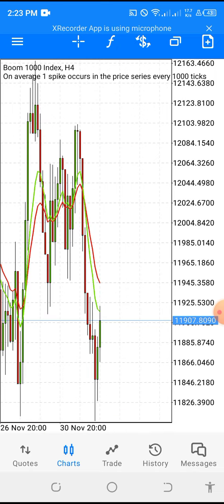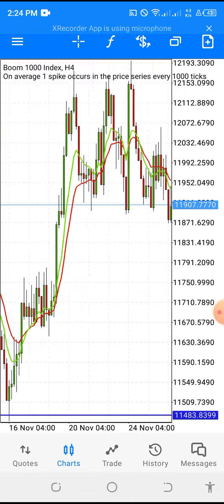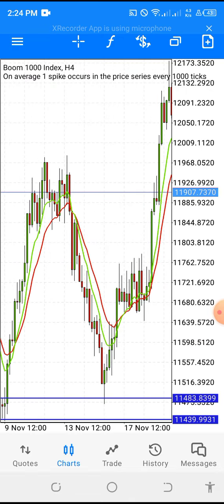So you use the 4 hour time frame and you spot this. Remember what I said, you trade demand zones on the boom assets, then you trade supply zones on the crash assets, because boom is always spiking.